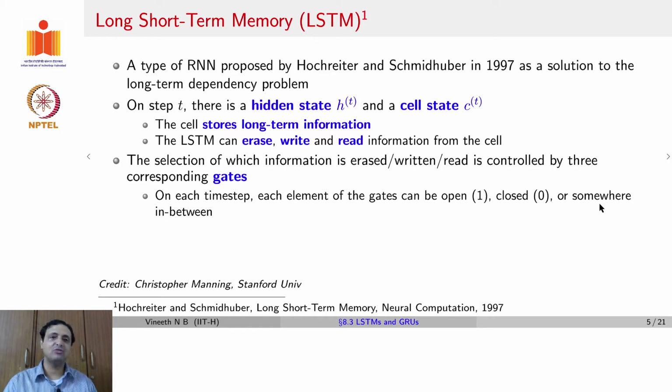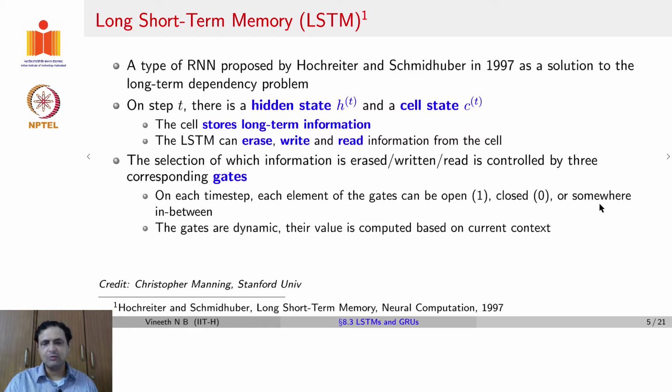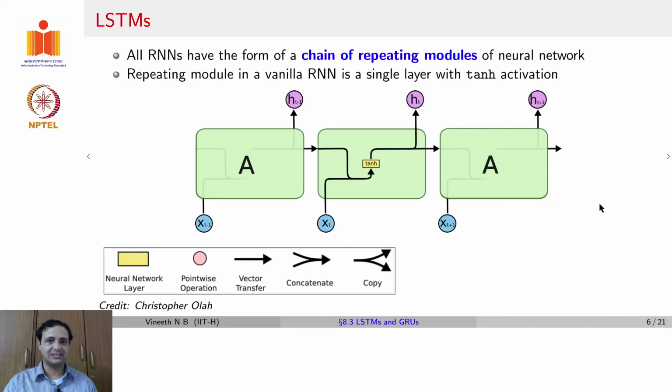You can also have information lying between 0 and 1. These gate values are dynamic and are learnt and computed based on the input at a particular time step and the hidden state that comes from the previous time step. Let's see each of these components in more detail.